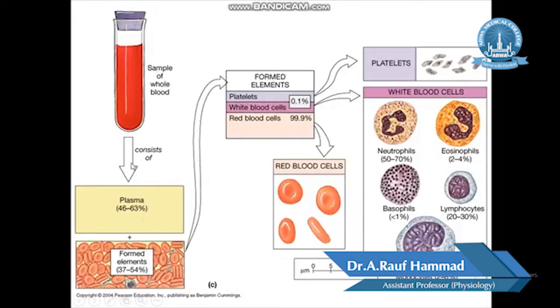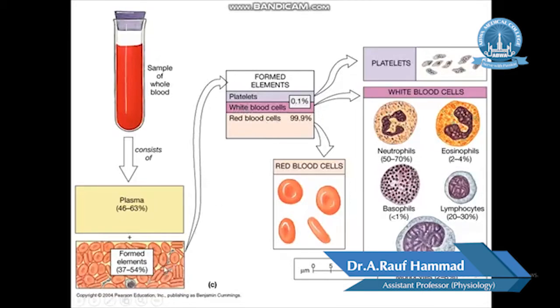And the remaining are the formed elements. It is a 55%, and this is 45%, almost average. And these formed elements constitute platelets, white blood cells, and red blood cells.